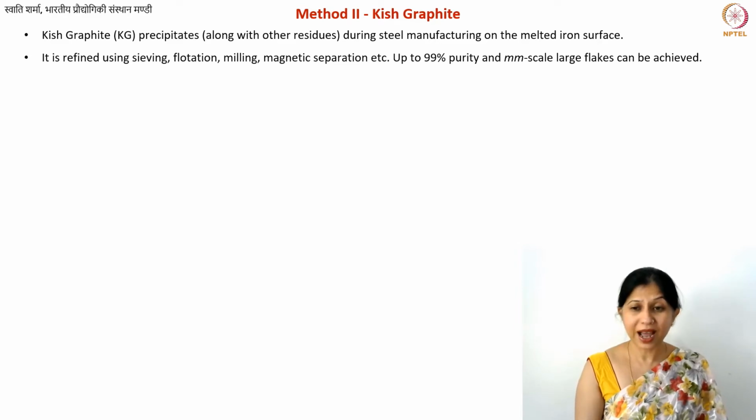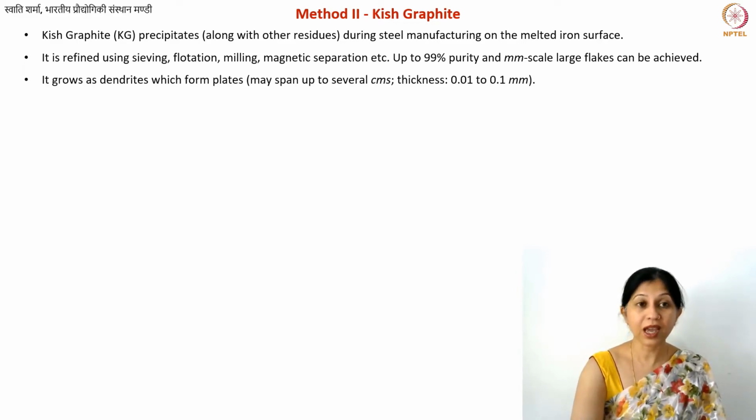By doing this, you can get up to 99% purity of your graphite. This graphite is in the form of flakes, similar to the flake graphite that you get naturally, and sometimes in the literature you might also find the term flake graphite used for this kind of material.